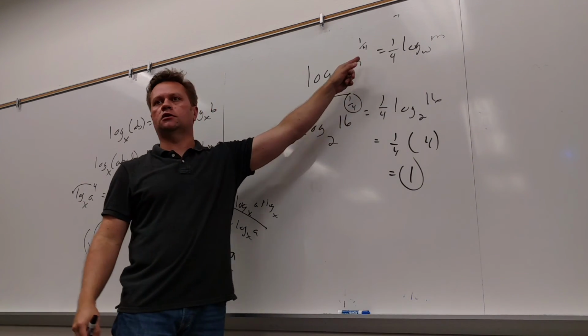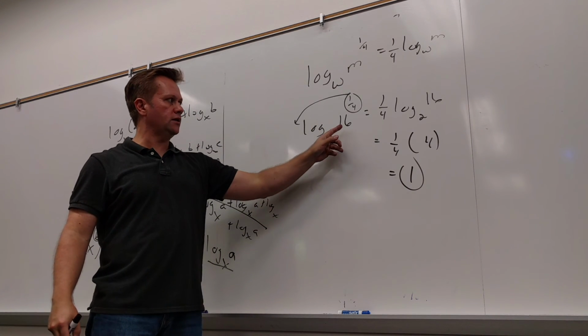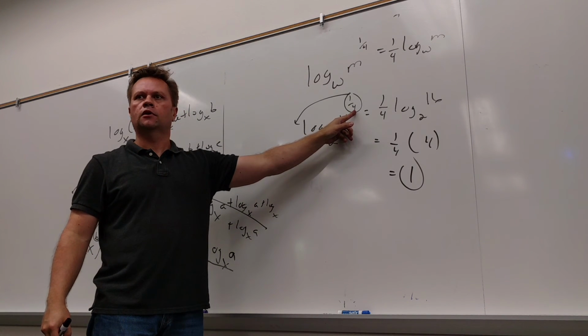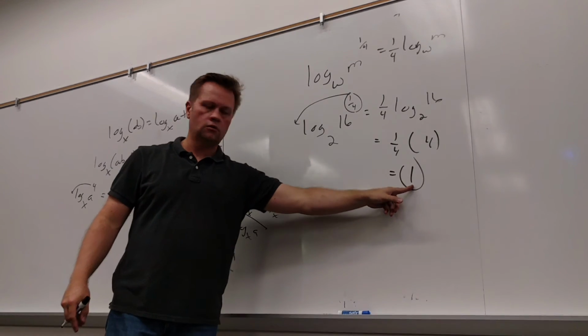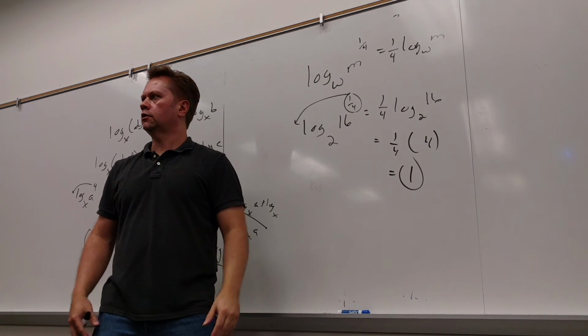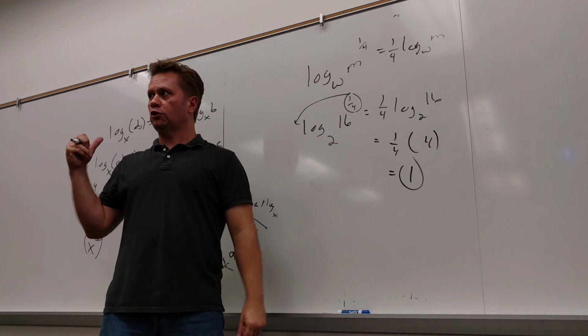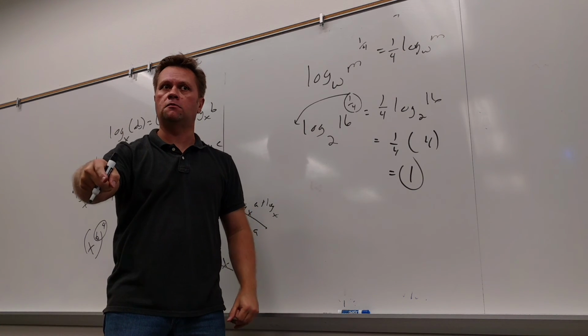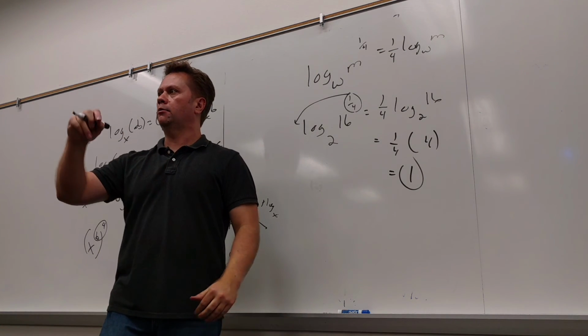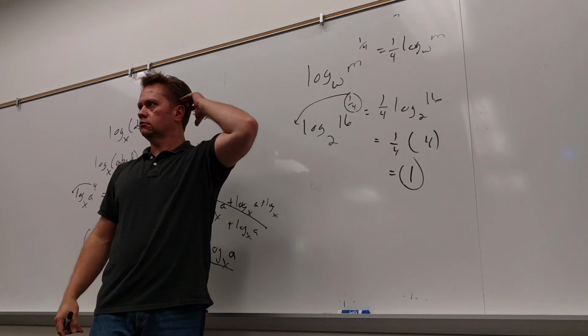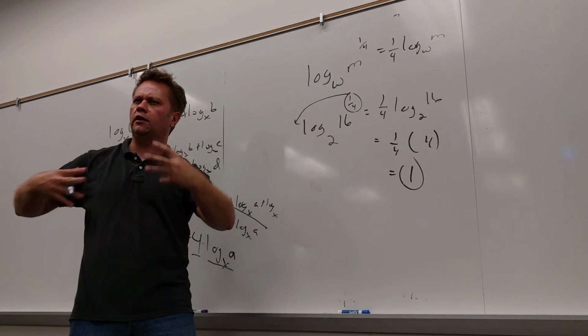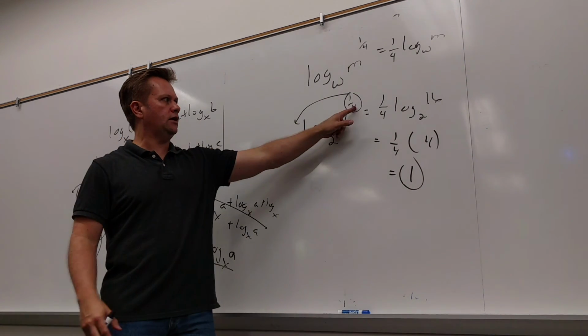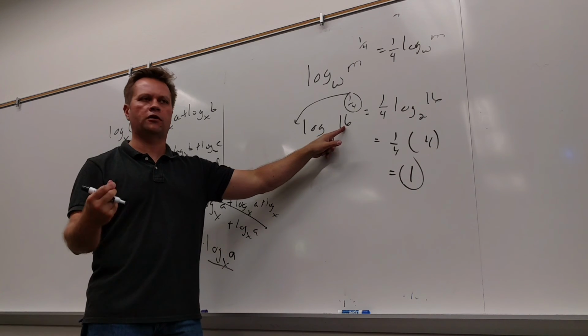Why was all this kind of stupid? It's just an example of the property, because what is 16 to the 1/4 power? 2. And what's log base 2 of 2? 1, thank you, right? So if the property is true, it better keep the answer the same, or else screw that property. And thankfully, it kept the answer the same. This is not a proof, it's just a feeling out of why it makes sense. That cuts this power down by 1/4.